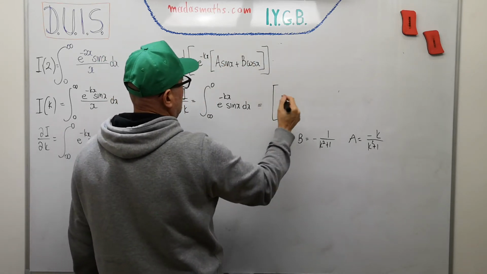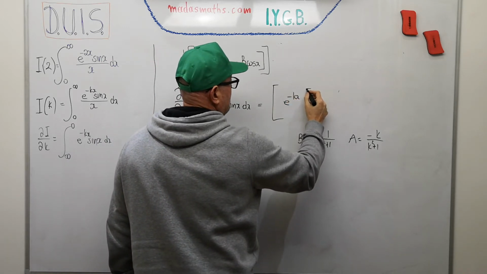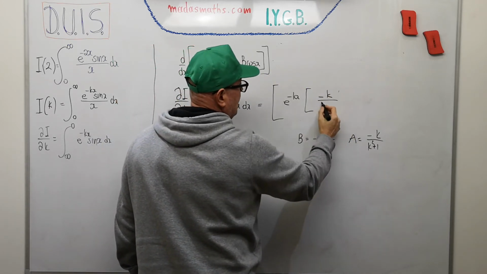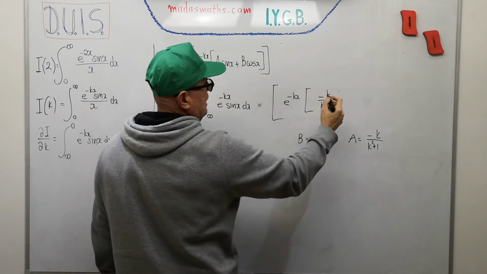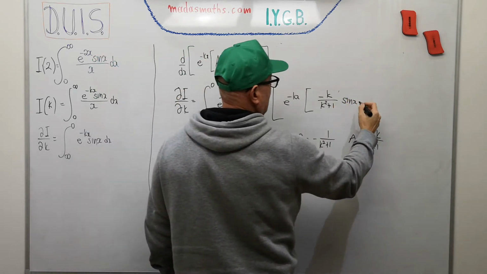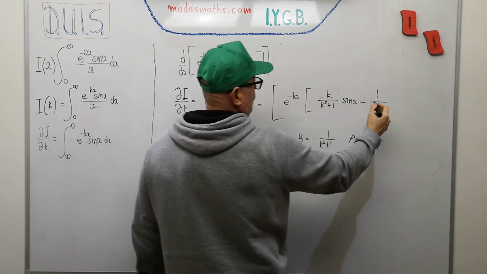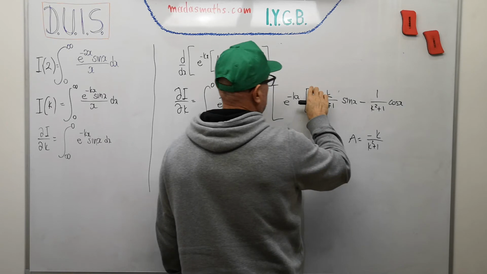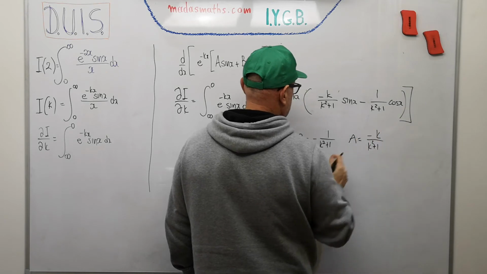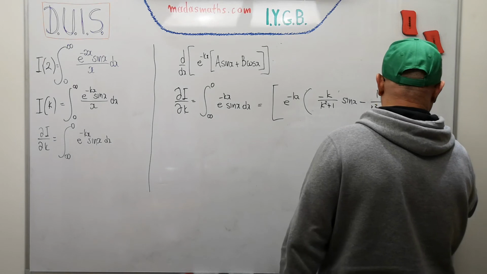That's what it integrates to: e to the minus kx, another bracket, a is minus k over k squared plus 1, lots of sine x, plus b, minus 1 over k squared plus 1, lots of cos x. This actually doesn't need to be square, so let's write a round bracket there. And this is now the evaluation bracket, from infinity to 0.